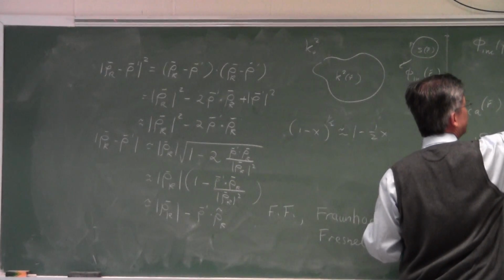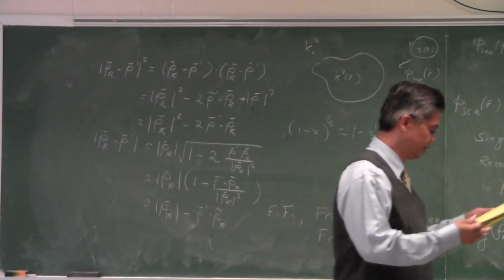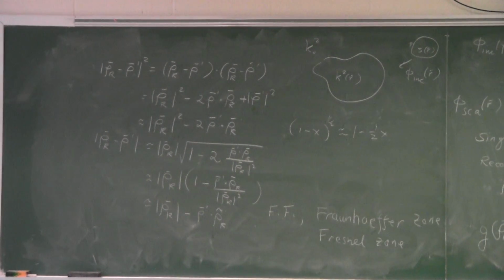And if I do a far field approximation to this incident field, assuming that the transmitter is far enough, then I can also write this as I over 4, 2 over I pi k0 rho t, just like I did before.